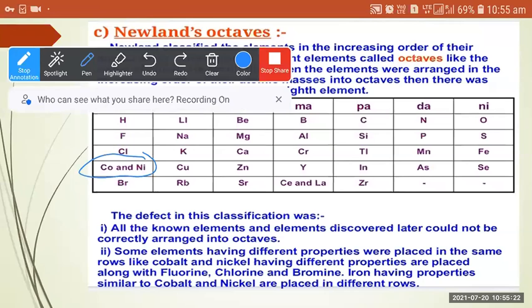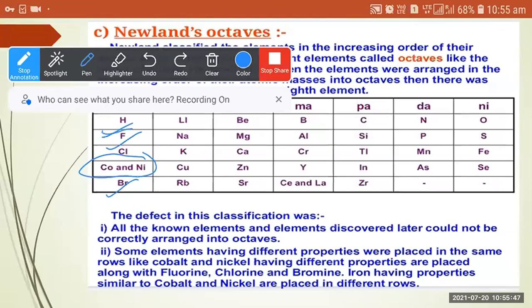We have fluorine and bromine. So these are the halogens. This cobalt and nickel is placed along with the halogens, whereas it has properties different than these compounds, different than fluorine and bromine. Still, it is placed along with them.